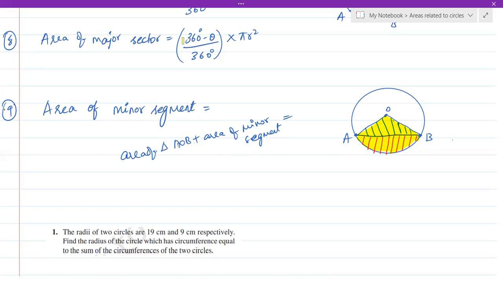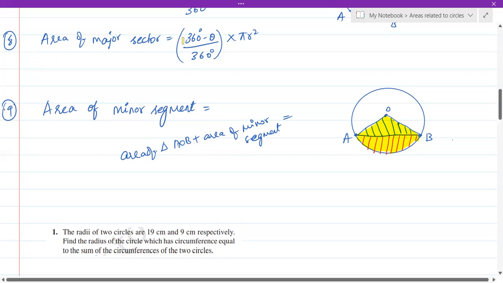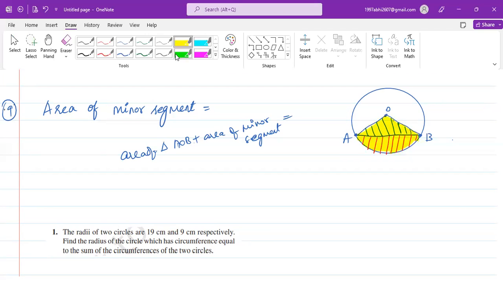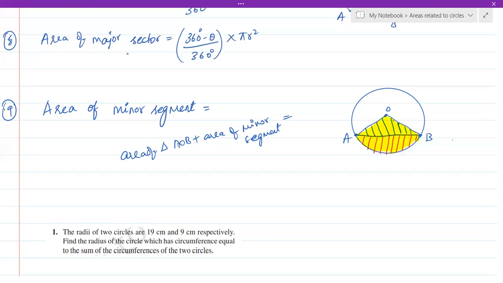Now observe this yellow. Does it look like a pizza? If it is looking like a pizza, what is it? It's a sector, right? So if you add the area of the triangle and the minor segment, what we get is area of sector. Which sector? Minor sector. So here, if you observe, let me write it properly.